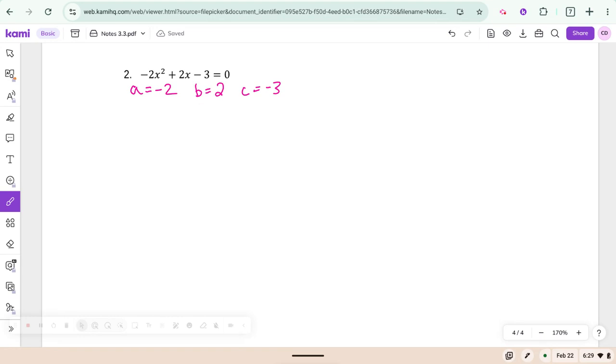So I have my formula written above, so I'm not going to rewrite the formula. I'm just going to plug everything in. So the formula says x equals negative b, so it's going to be negative 2 plus or minus the square root of b squared minus 4 times a times c, all over 2 times a.